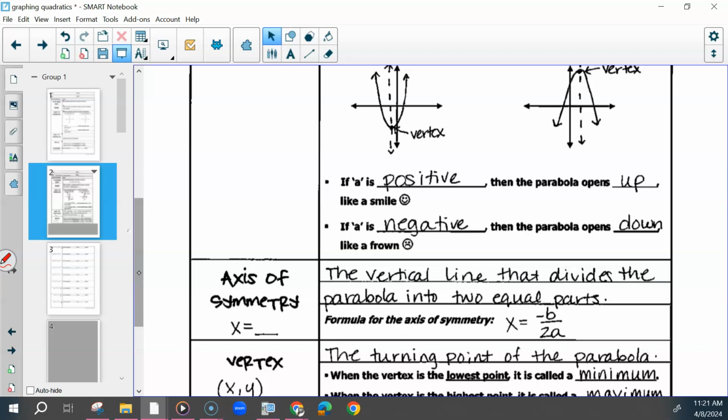Once we use the formula, we get x equals a number, and that would be our vertical line that would show our axis of symmetry. Normally you don't actually draw in the axis of symmetry, you just know it's there because it would split the parabola down the middle.